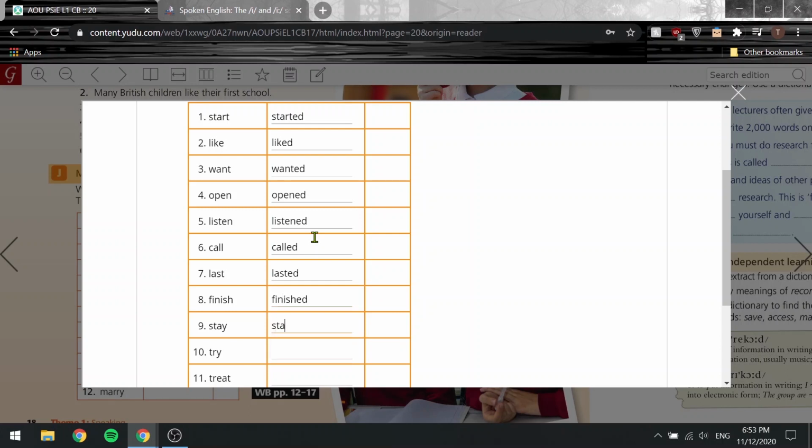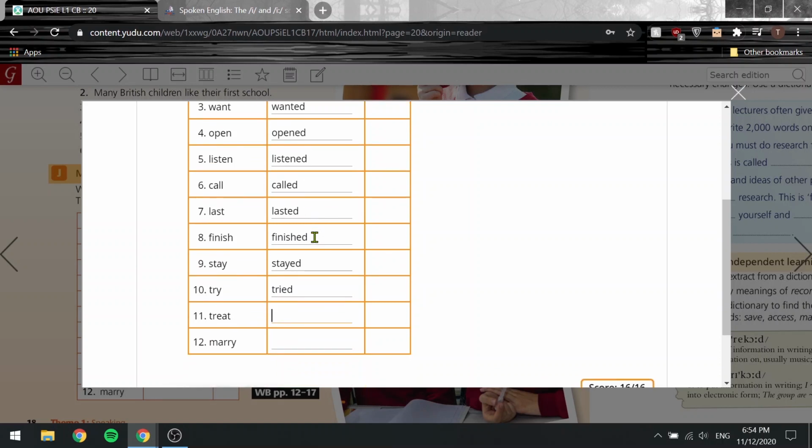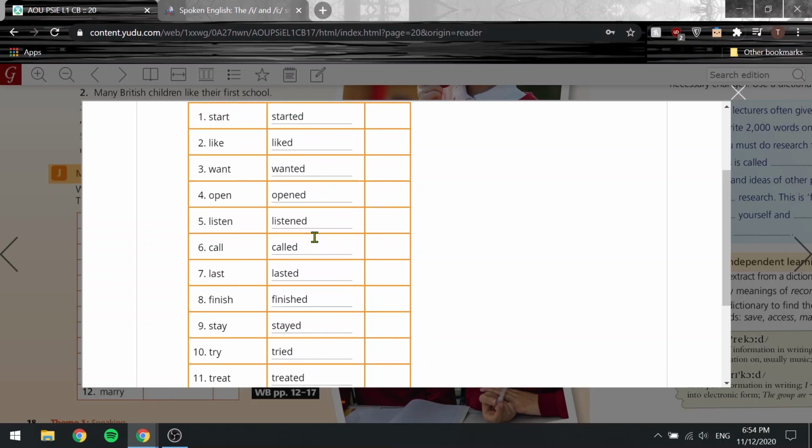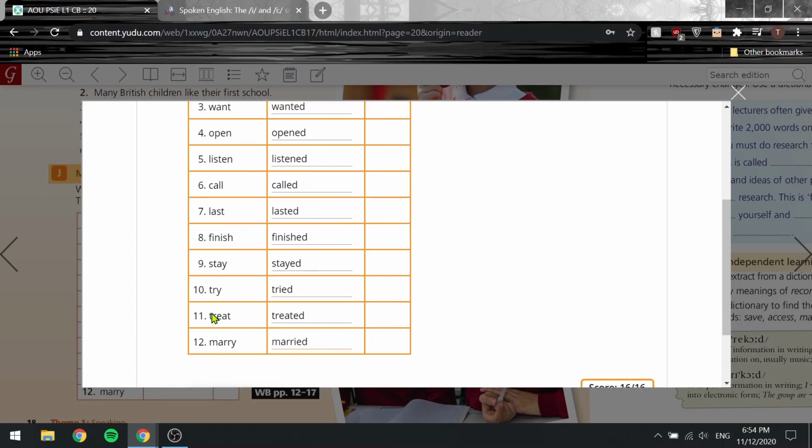Stay becomes stayed. Try becomes tried. I got rid of the Y and I added IED. Treat becomes treated. And marry becomes married. I got rid of the Y and added IED. Okay, so for most of these, you're just going to add an ED or D, or if it has a Y, like try and marry, then you get rid of the Y and add I and then ED as well.